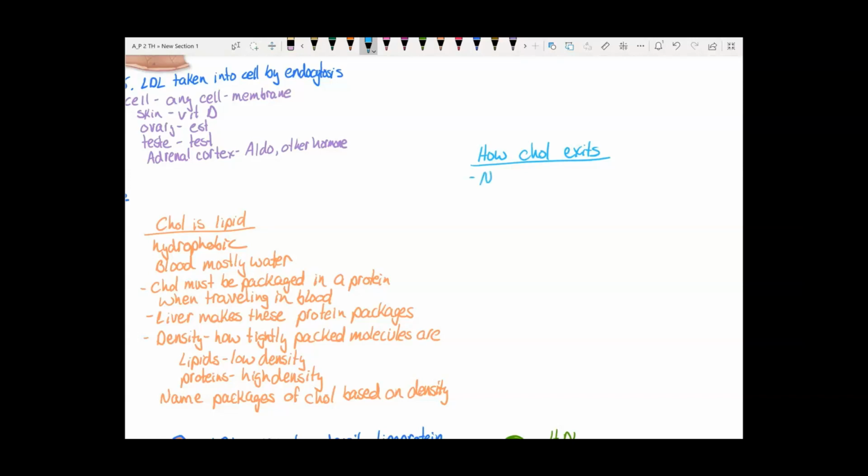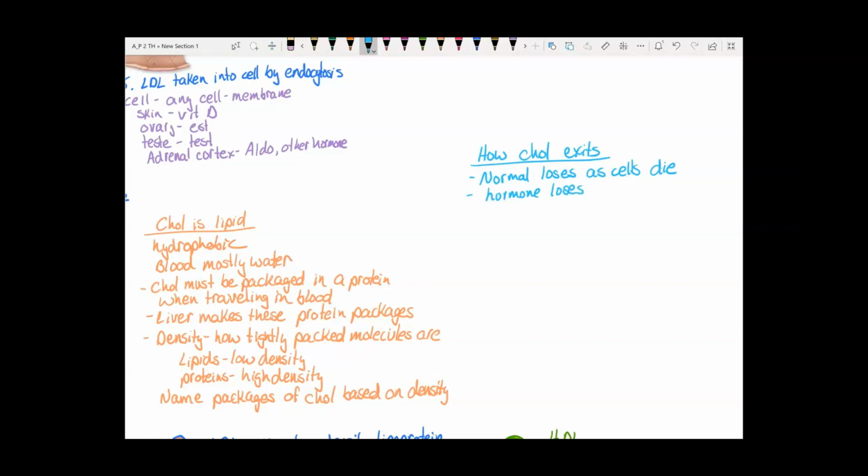So there's just going to be normal losses as cells die. When you make hormones out of cholesterol, hormones end up being lost in your urine. So you're going to have hormone losses from what was made from cholesterol. So there's just kind of the using it.